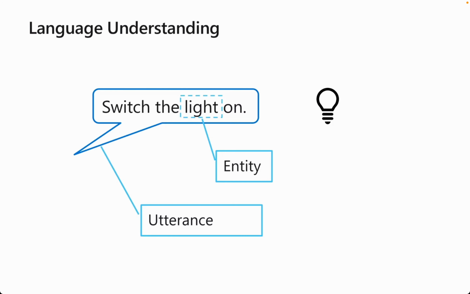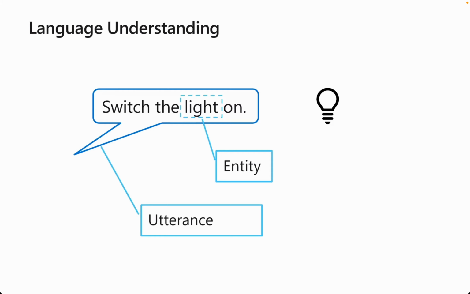We're trying to make everything automatic, and we can just say switch the light on, and then the light switches on. An entity in this example would be a light, or a fan, or music. Voice assistant, turn the music on. Could also be something. So then light or fan are entities.